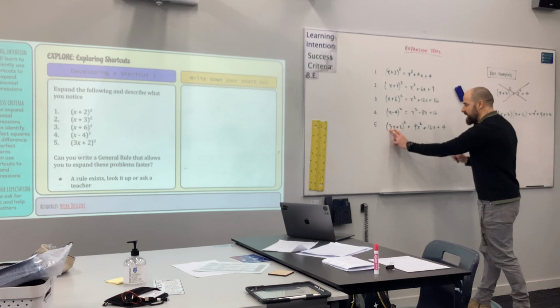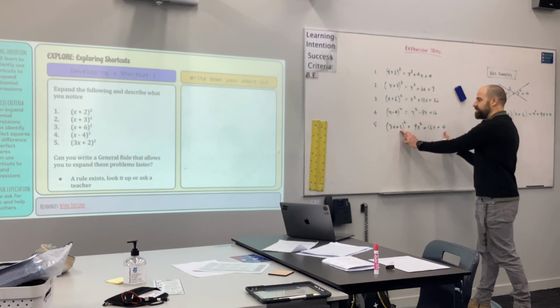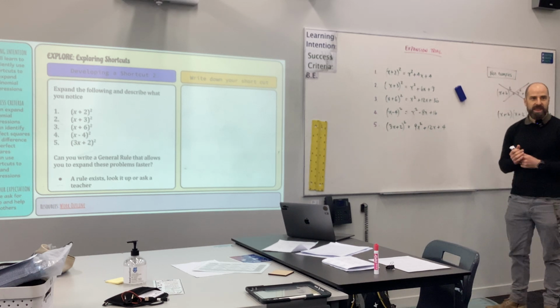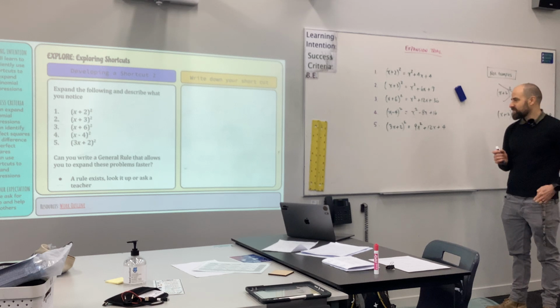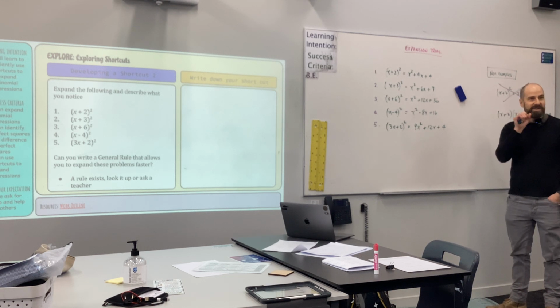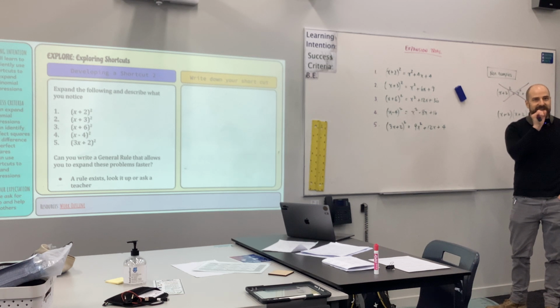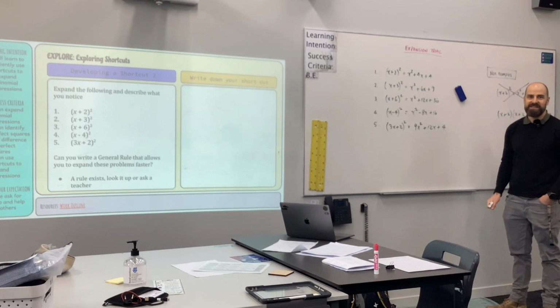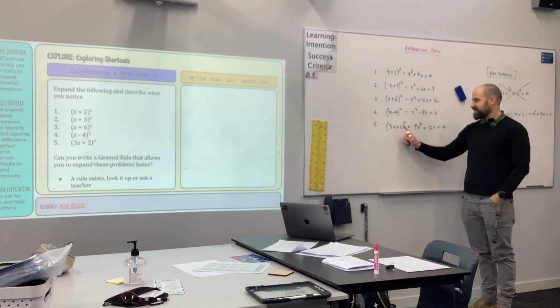So square the first one. Square the second one. How do we get the middle term? You square the first one and you double the 2 and stick the x behind it. No. But I love how you're thinking. That won't always work. Do you want to have another go, Chaz? Times that 2 by 2 and then times it by 3x.